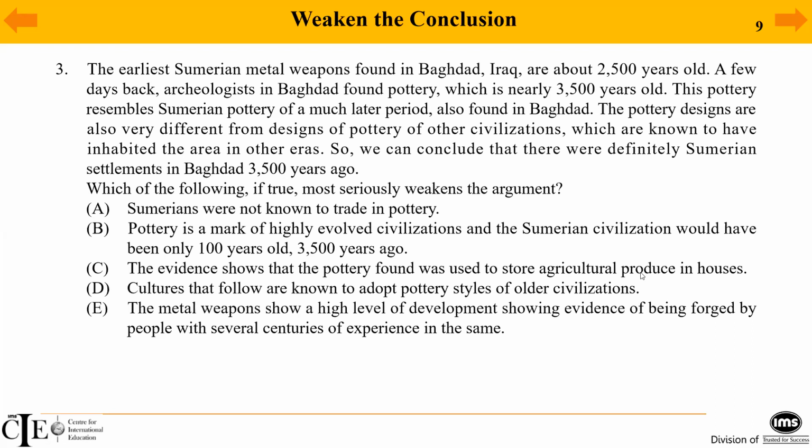The earliest Sumerian metal weapons found in Baghdad, Iraq are about 2500 years old. Okay. So metal weapons are 2500 years old.